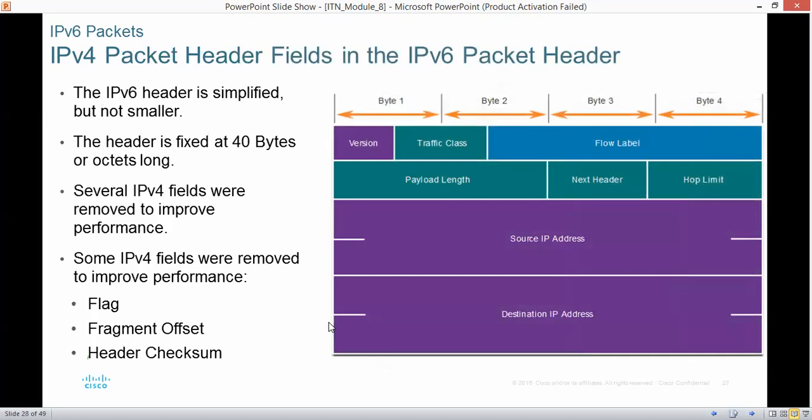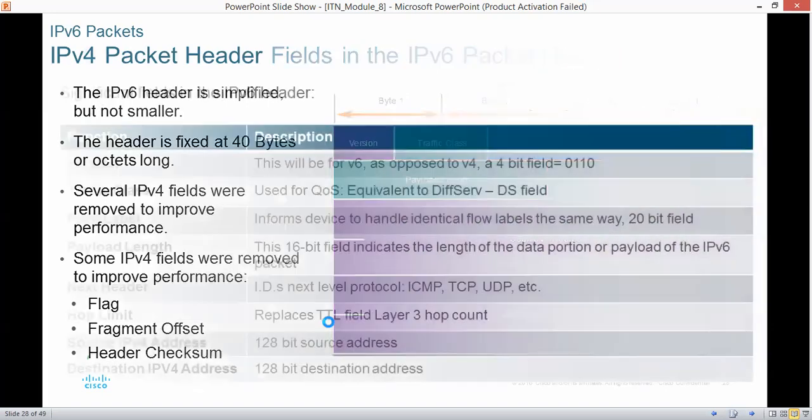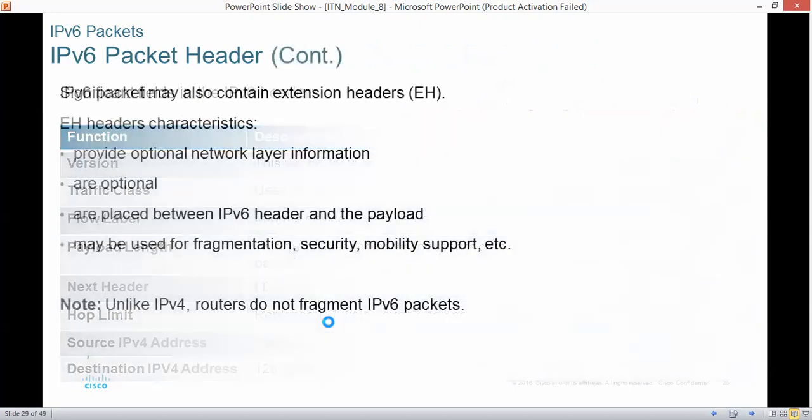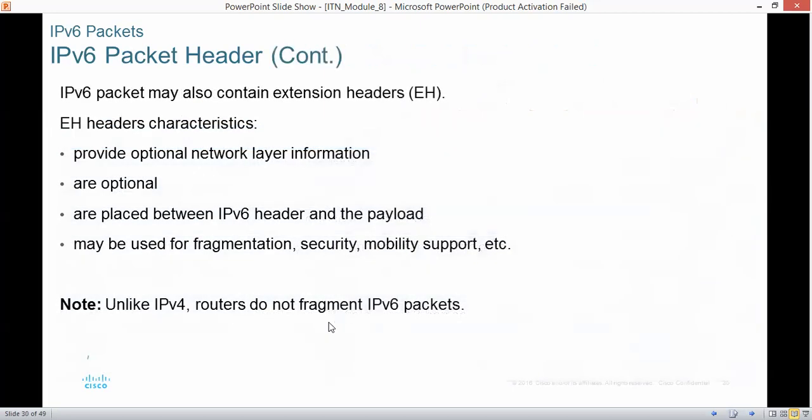Okay. So this is the IPv4 header field in the IPv6 packet header. Okay, and then remember each of them must always have your source address and your destination address. And then the IPv6 packet may also contain extension headers, and then provide optional network layer information.